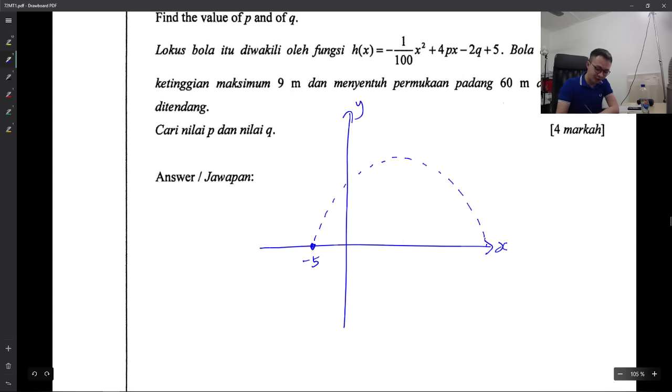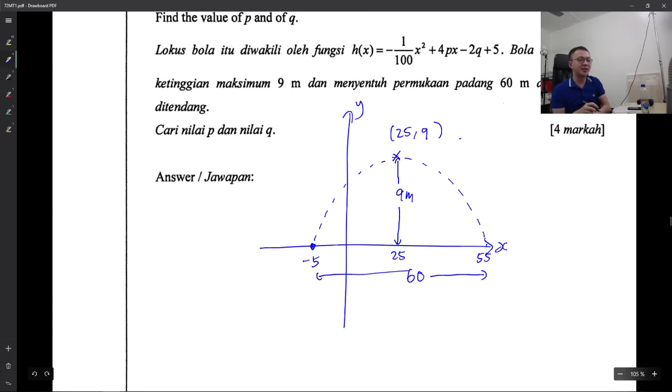So -5 to 60 meters should be 55, because we know the distance needs to be 60 meters. And then they say the height here is 9 meters. So we know this coordinate should be 25 and 9. This is the 2D curve, and then you just solve the equation.